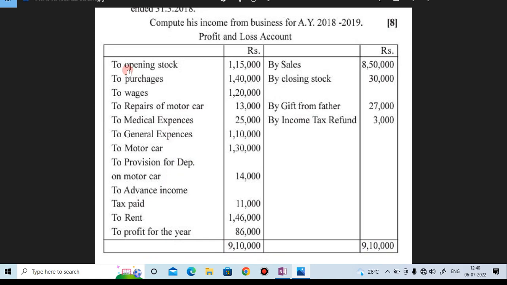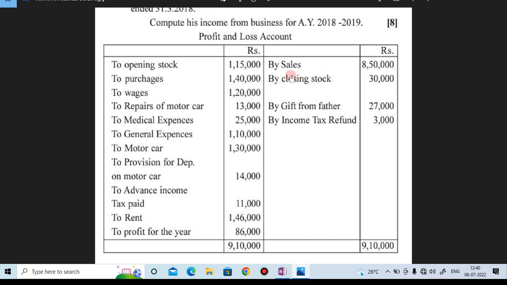So in debit side there is opening stock, purchases, wages, repairs of motors, medical expenses, general expenses, motor car, provision for depreciation on motor car 14,000, to advance income tax paid 11,000, to rent 1,46,000, and to profit means net profit for the year is 86,000.